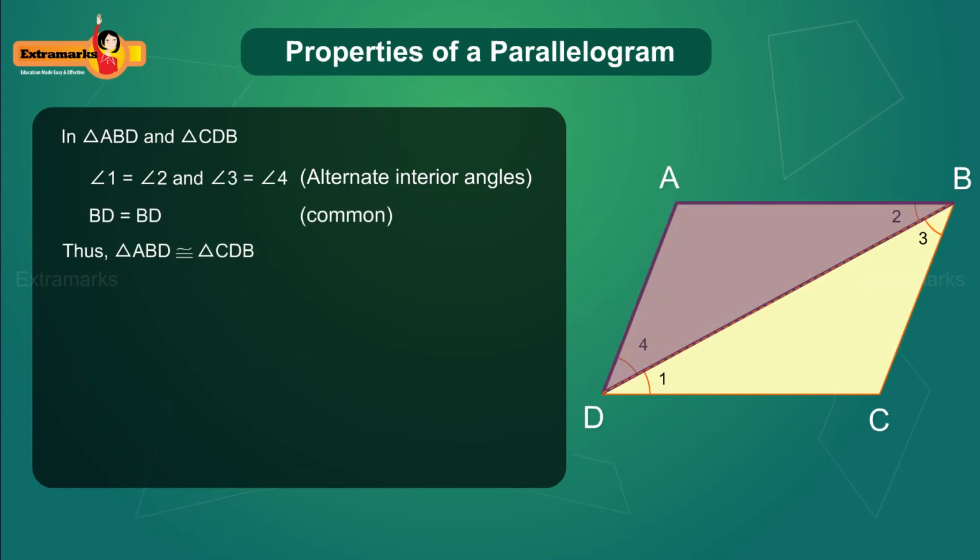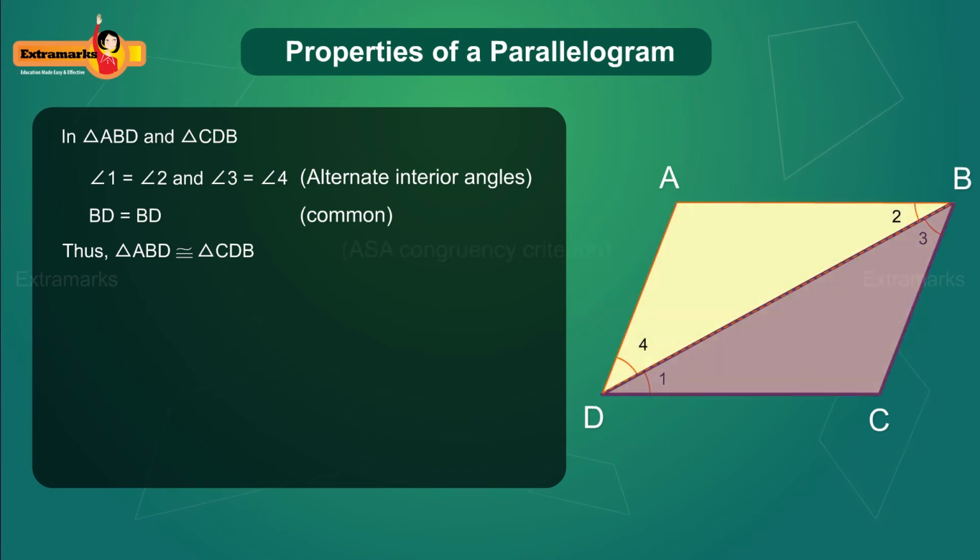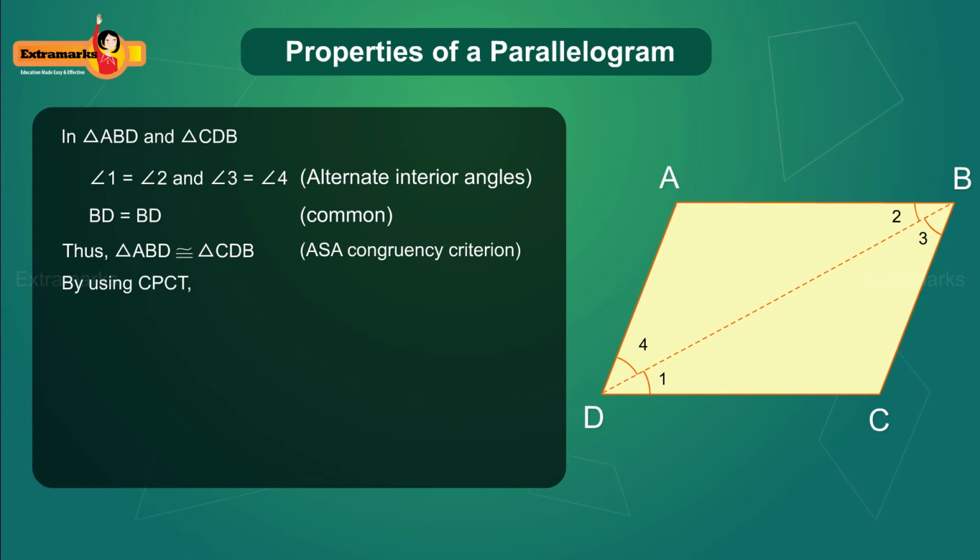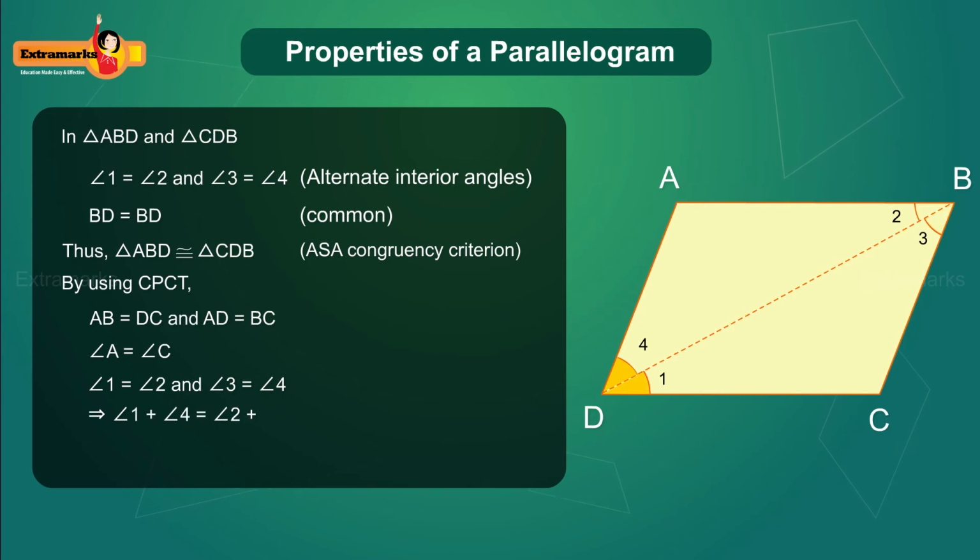Thus, triangle ABD is congruent to triangle CDB by ASA congruency criterion. Then, by using CPCT, we have AB is equal to DC and AD is equal to BC. Also, angle A is equal to angle C. Further, angle 1 is equal to angle 2 and angle 3 is equal to angle 4 implies that angle 1 plus angle 4 is equal to angle 2 plus angle 3, which gives angle D is equal to angle B.